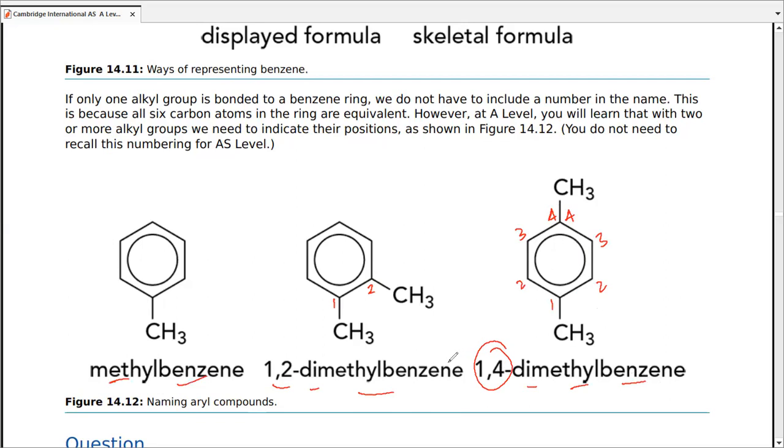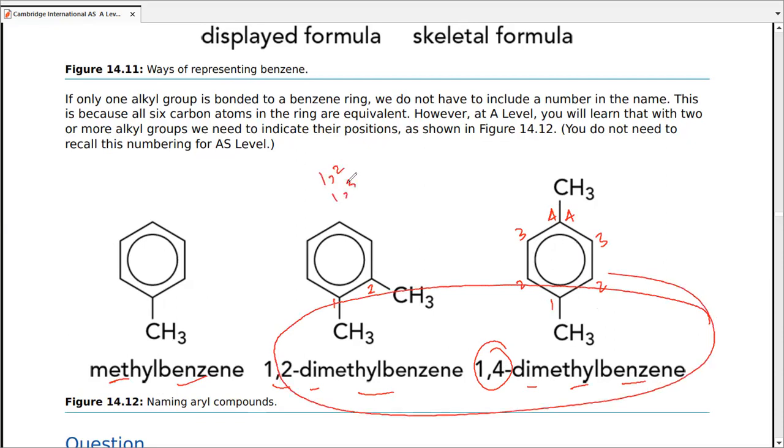This should give you the idea that the types of disubstituted benzenes that actually exist are 1,2, 1,3, and 1,4. Take a look. If we have a branch over here or here, it would be 1,2. If a branch is present over here or here, it's 1,3. And this one is already 1,4. So there are three possibilities.